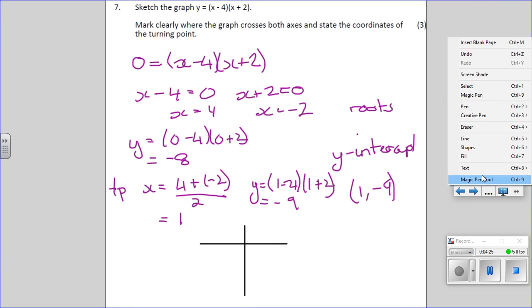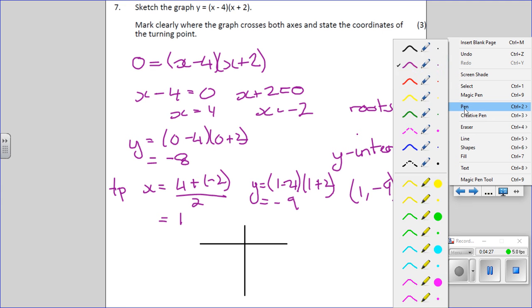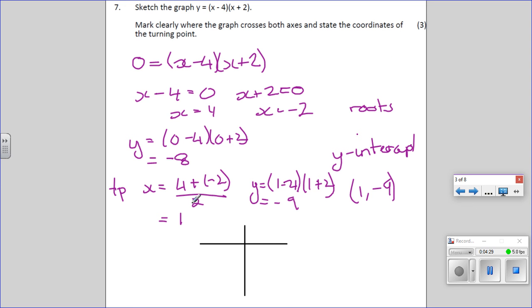Okay, so what I have now is all of the information I need to mark in my important points. So I have roots at 4, and another root at negative 2. I have a y-intercept at negative 8, and then I have a turning point at (1, negative 9).